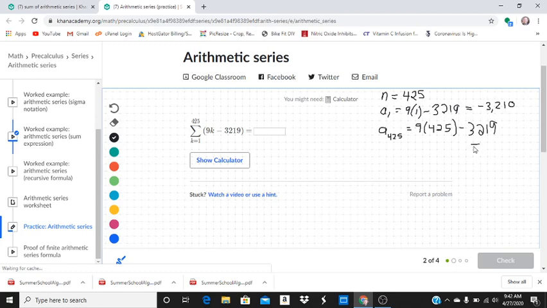And so the last term is going to equal 606.